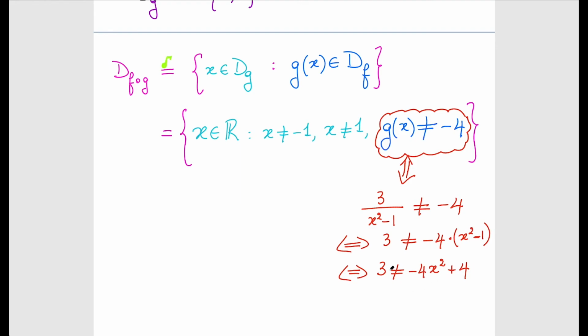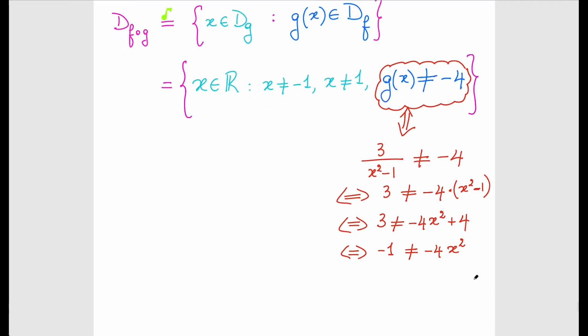I'm after x, because I need to know what conditions on x I should place so that I accept it in the domain of the composite function. So let's keep unraveling this in terms of x. If you subtract 4 from both sides, you get 3 minus 4, which is negative 1, is not equal to negative 4x squared, correct?